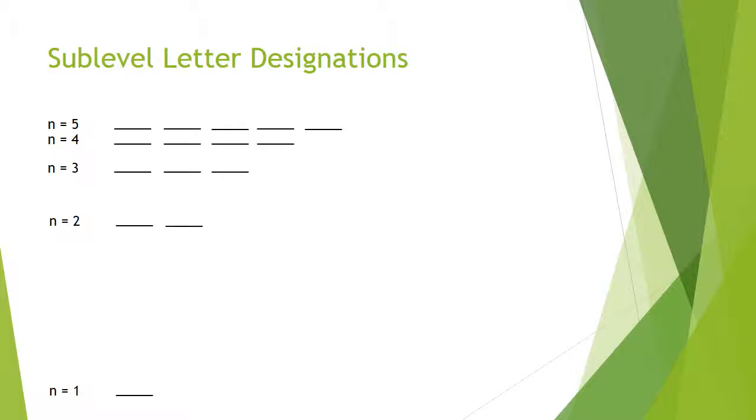Now each of these sublevels has a specific letter designation that we need to become familiar with. The first sublevel in any energy level is designated with the letter S. So the first sublevel, and happens to be the only sublevel in the first energy level, is designated 1s. 1 because it's in the first energy level, S because it's the first sublevel within that energy level.